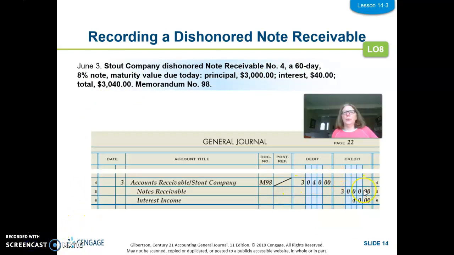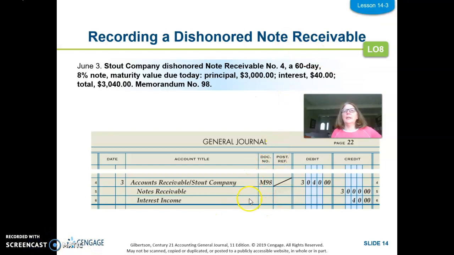So what we're going to do is we're going to get rid of the note receivable for the principal amount. We're going to record the interest income because we did earn it, even though they didn't pay it. We've earned it. And then I'm going to reestablish an account receivable from them, meaning it's due right now, and we'll start to consider it for uncollectability.